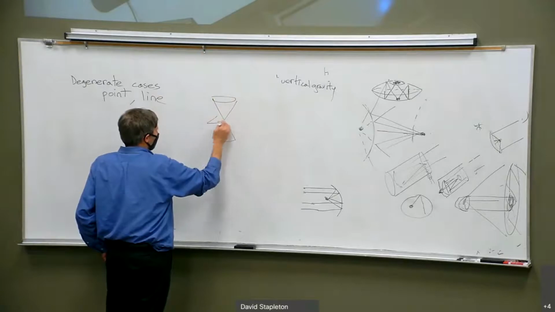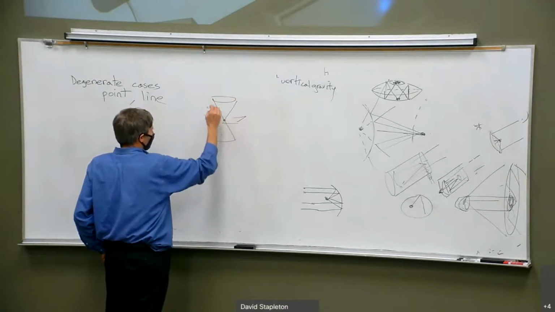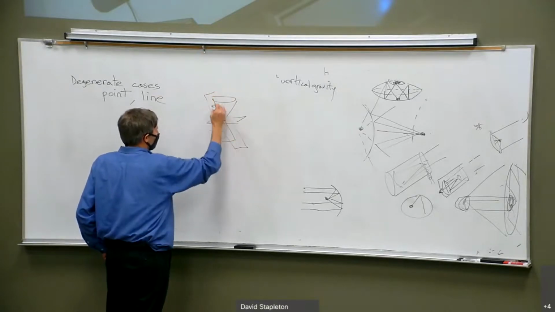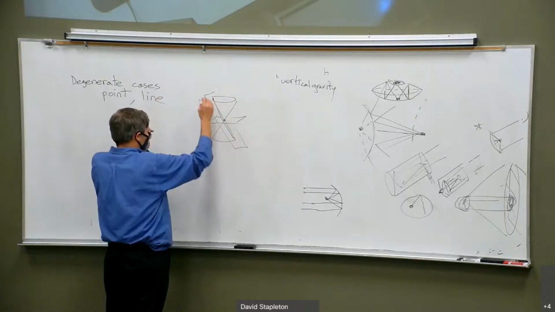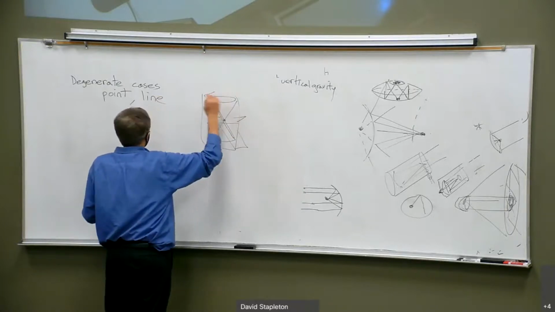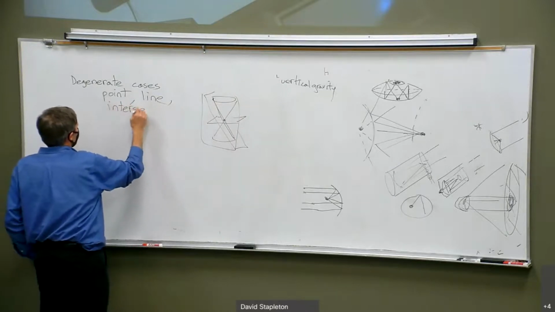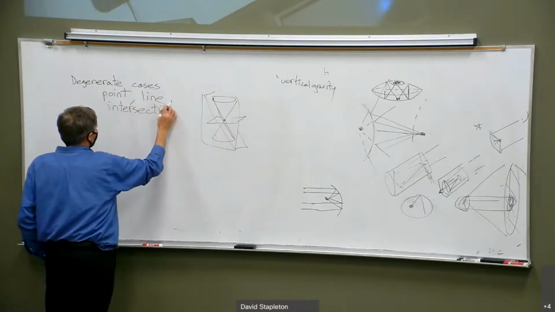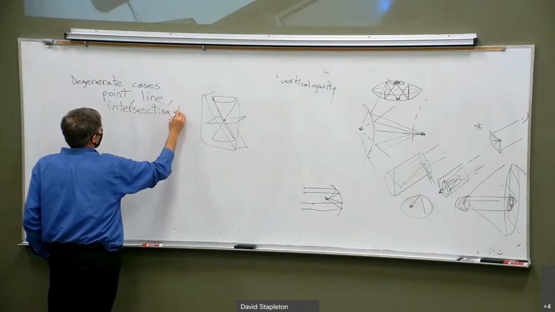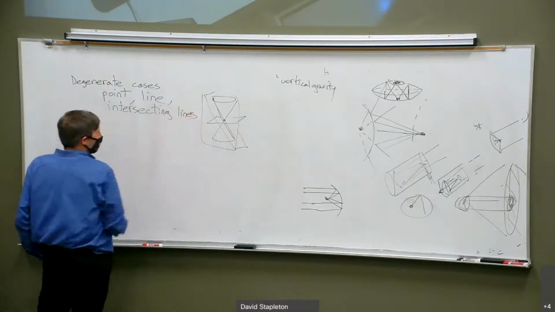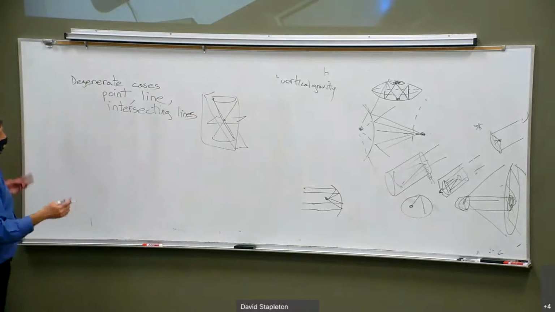So you can run it right through here and get a point. Or you can run it right down the edge and just get this line. Or you can run it right down like this and get a pair of intersecting lines. All right, so these are the degenerate cases, which are useful, but we already know all about lines, right? So we don't worry about those so much.